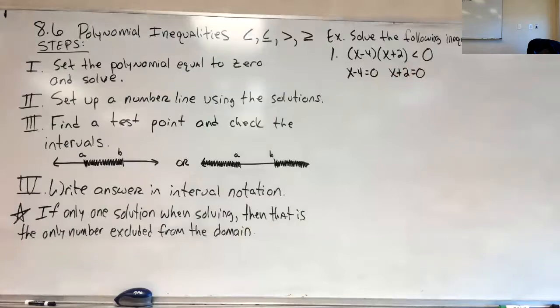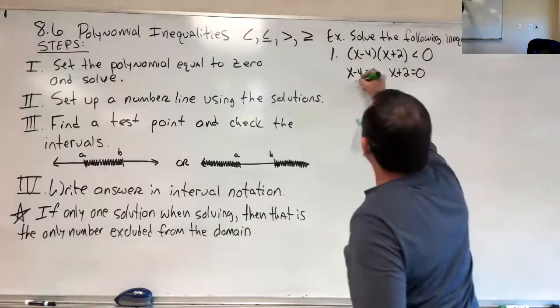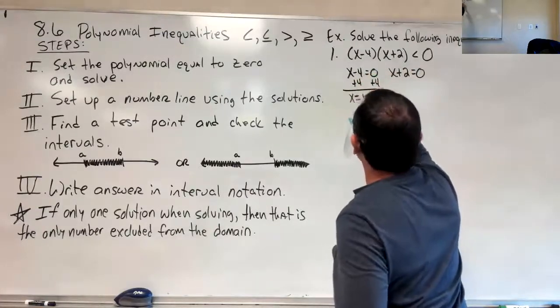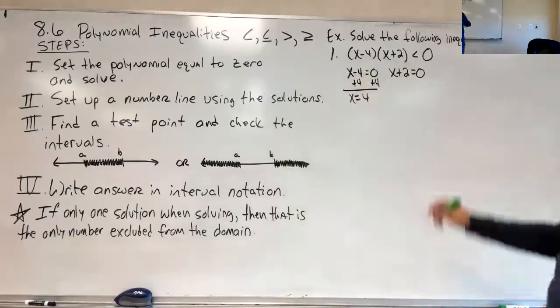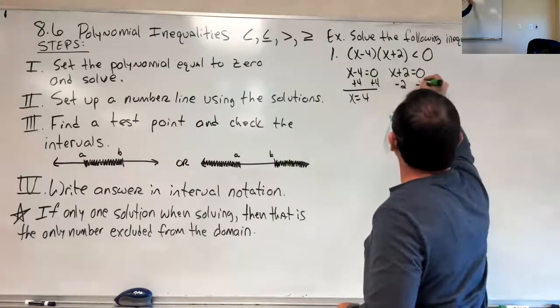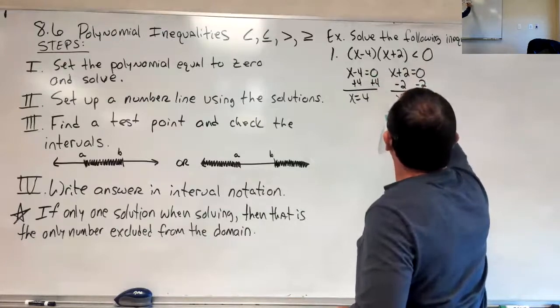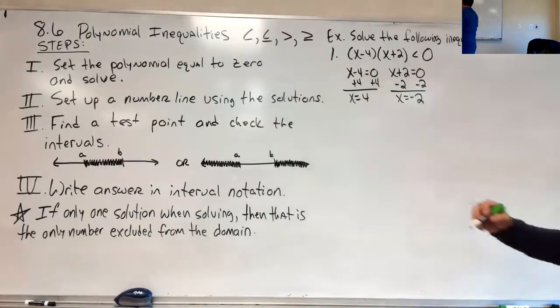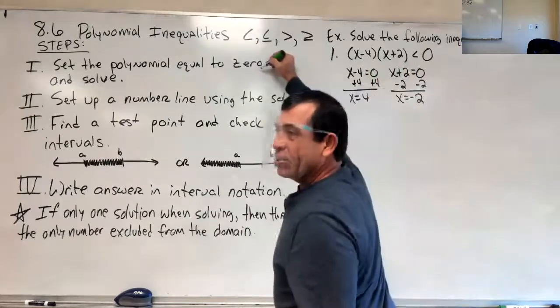So y'all, looks like we're going to add 4 to the first one and I get x is a positive 4. And then I'll subtract 2 from the second one and get x is a negative 2. So I've got my zeros or my solutions.